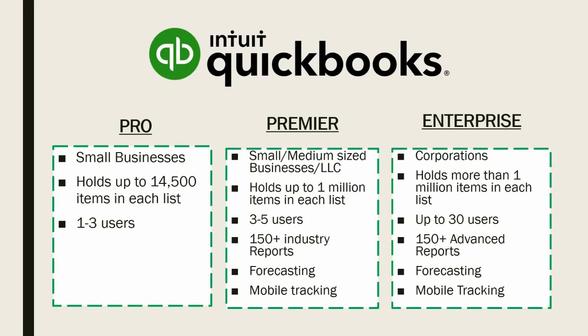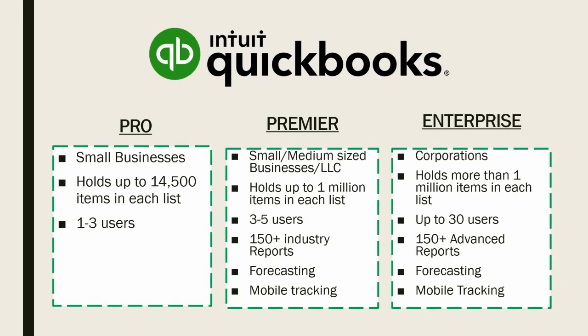So that's usually what it is. Now, this is using them at the same time. You can create multiple users, as many as you like, as long as they're an employee to you. But using them at the same time, you can only have 1 to 3 people using it at one time.